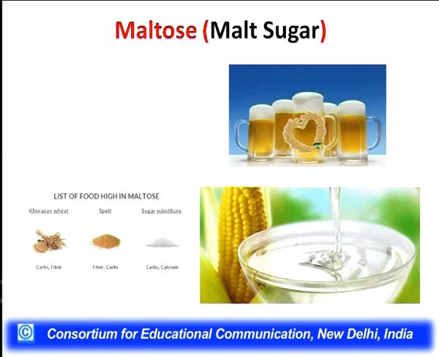It is present in wheat, in the fiber part of the carbohydrate, in fruits, in maize, and it is used as a sugar substitute.